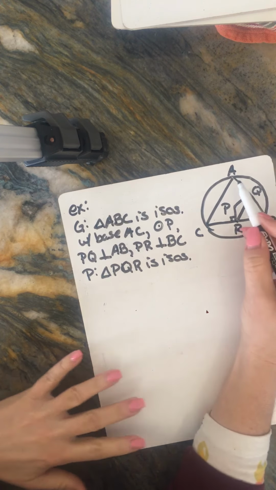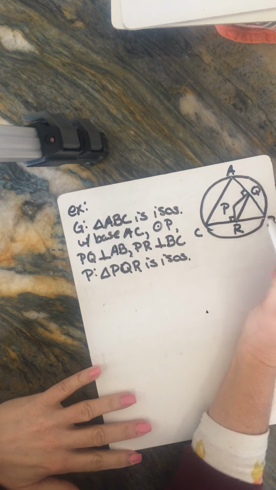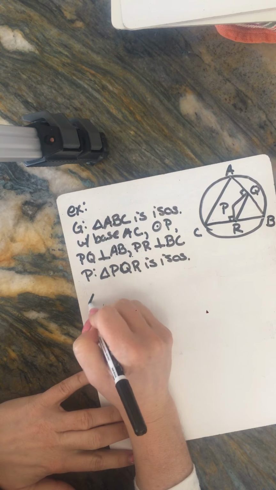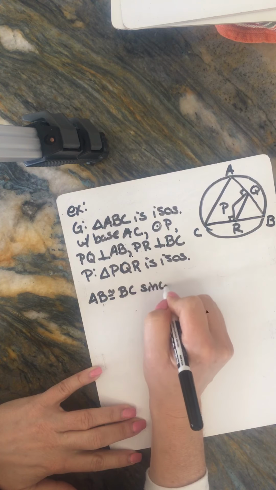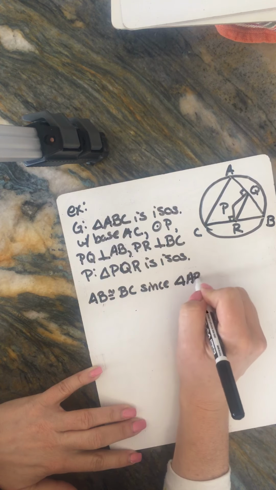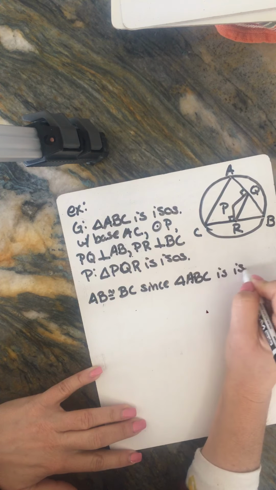Okay, so since this is an isosceles triangle, we know that AB and BC are congruent. So AB is congruent to BC since triangle ABC is isosceles.